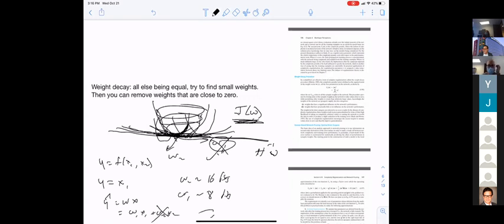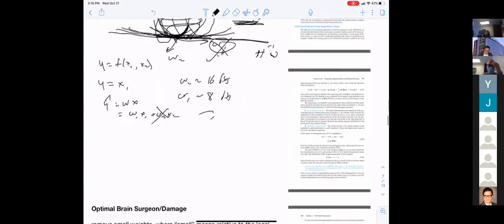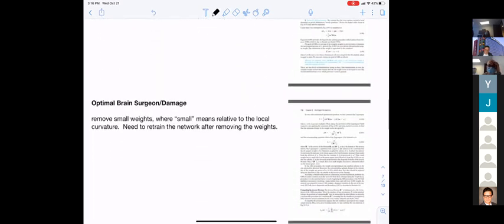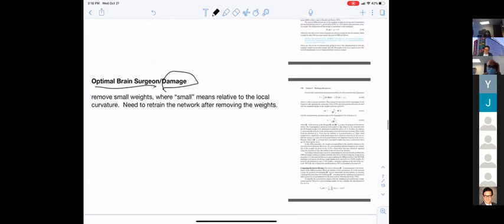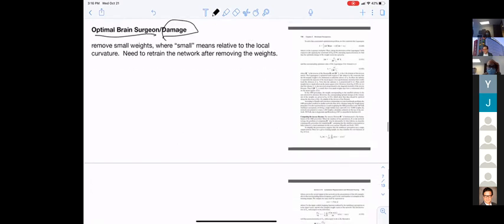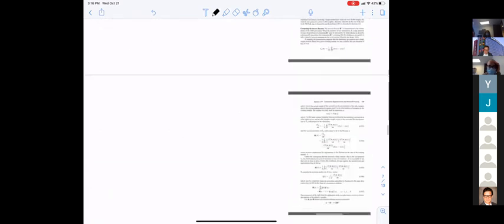So no matter what its value is, I could get rid of it. Okay. That's the idea of this optimal brain surgeon, or what Jan LeCun's original term for it was, optimal brain damage. Where you sort of, if you had to delete weights, which ones would you delete? And it's called weight pruning. Interestingly, pruning is a feature of biological systems as well during development.